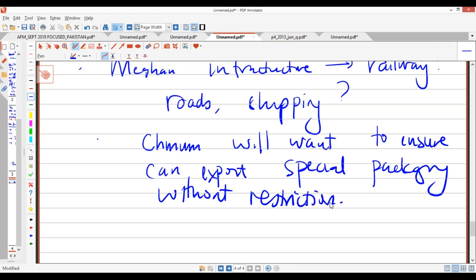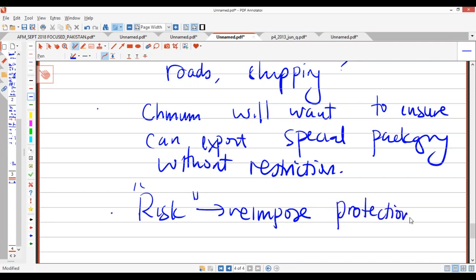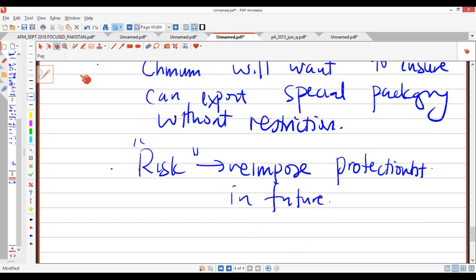In the first paragraph, part A, they said they're going to lift the ban and have more free trade. So this shouldn't be a problem. But what if they don't change that? Another risk is what if they reimpose protectionism in the future, like what the president in America is trying to do today.